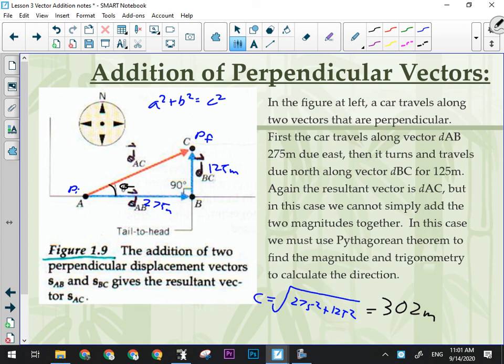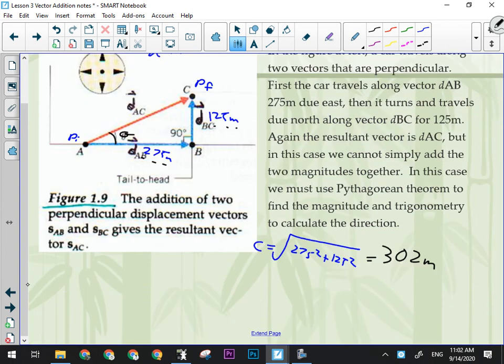You do have to remember your SOHCAHTOA: sine is opposite over hypotenuse, cos is adjacent over hypotenuse, tan is opposite over adjacent. So I'm going to find this angle using the opposite side and the adjacent side. That means theta will be the inverse tan of the opposite side, 125, over the adjacent side, 275.